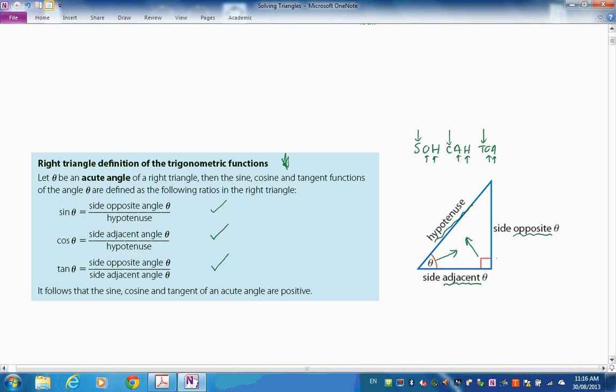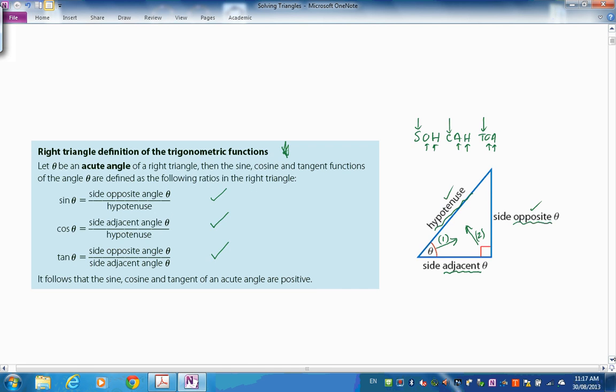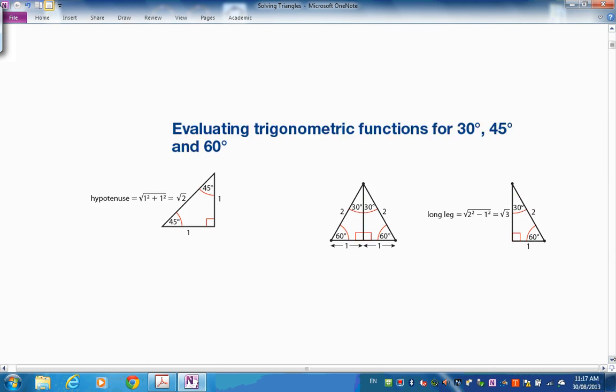So go through those steps. Number 1, go to the angle that you're trying to find or that's been involved in the problem. Look out. That'll be the opposite. Number 2, go to the 90 degrees. Look out. And that will be the hypotenuse. All right. Do you remember some of that stuff? Let's go down and see what we can do with it.